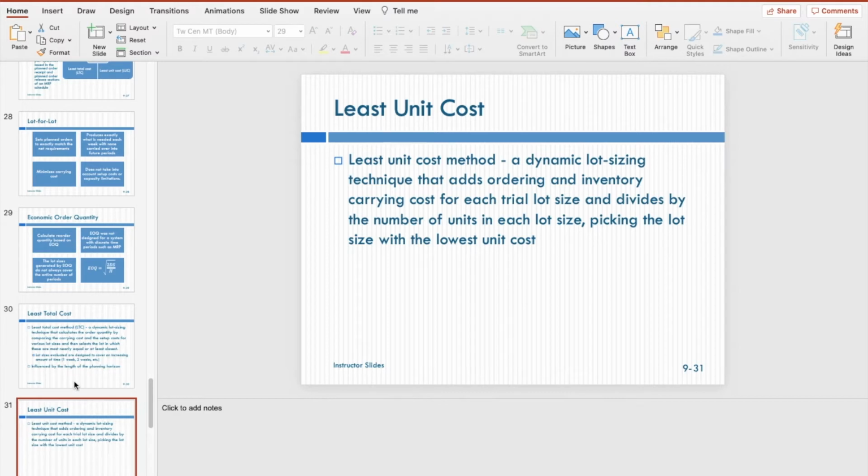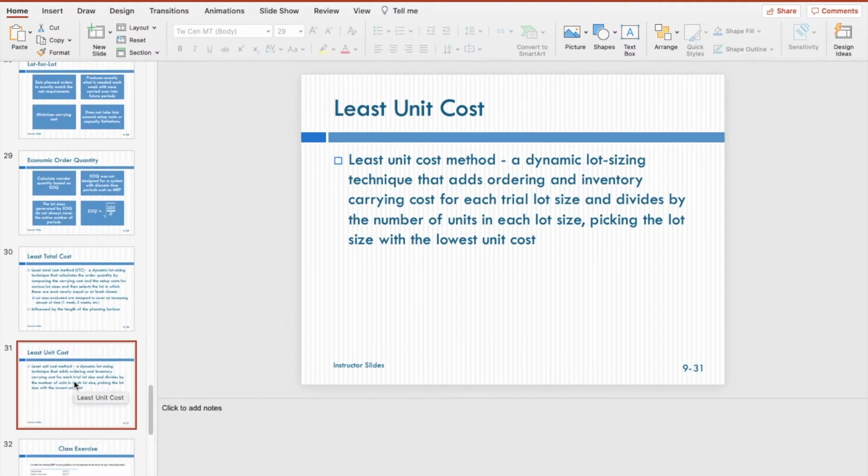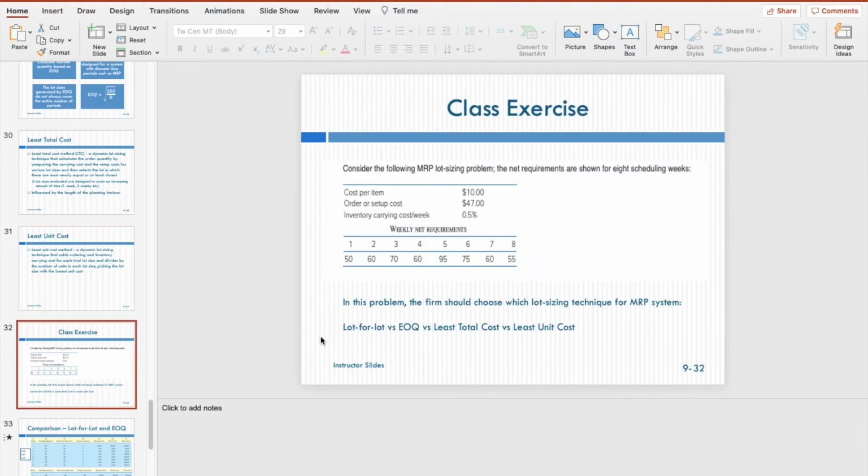Now, once you get the basic and fundamental sense of these 4 different techniques and their characteristics, let's move to a specific big example, and I will illustrate this example using the 4 different techniques. Given the information context here, what we are trying to do is use all 4 candidate lot sizing techniques to build up our MRP system.